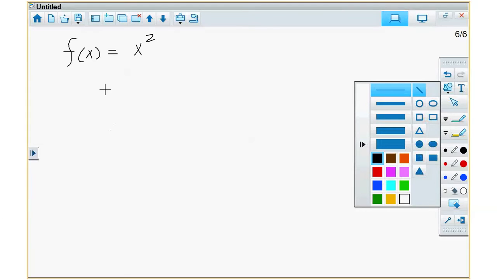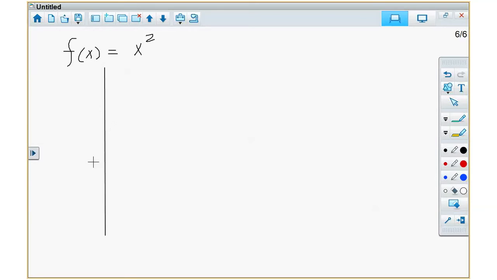Please, and draw your little graph. And I want you to number it. I want you to label the points because there's a reason I want you to do this. Let's go with 0, 0. 1, 1. 2, 2. 3, 9.